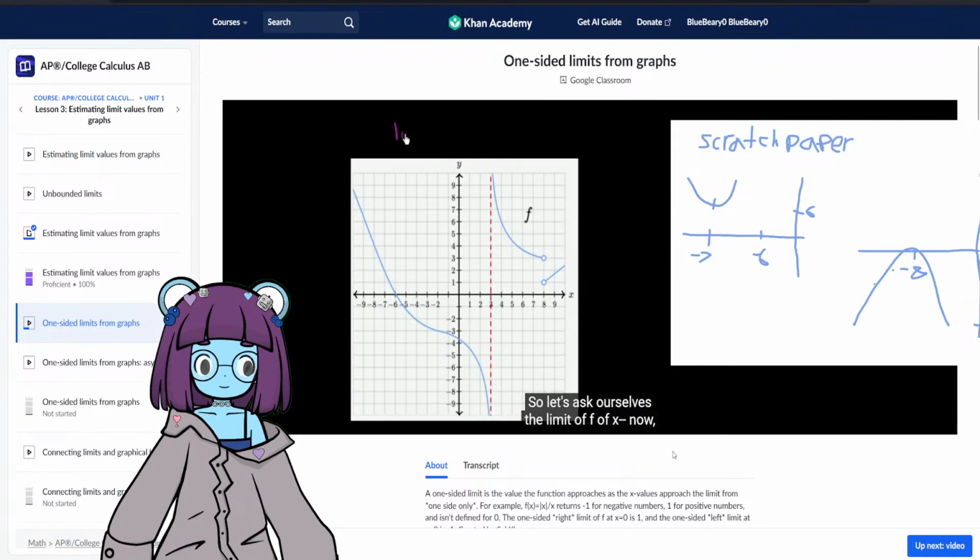The limit of f of x as it approaches 8. Let's approach it from the left, so there's a negative superscript, or the minus superscript sign.